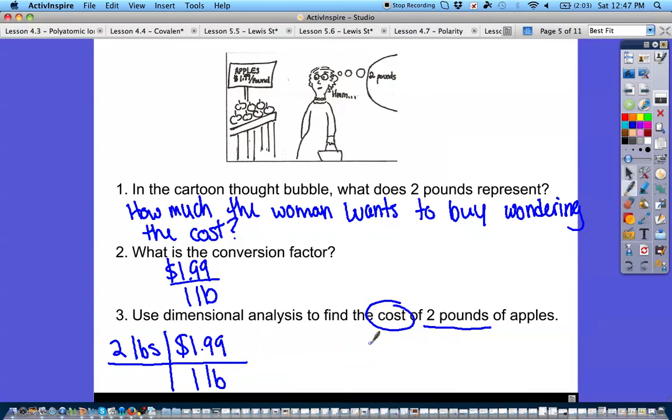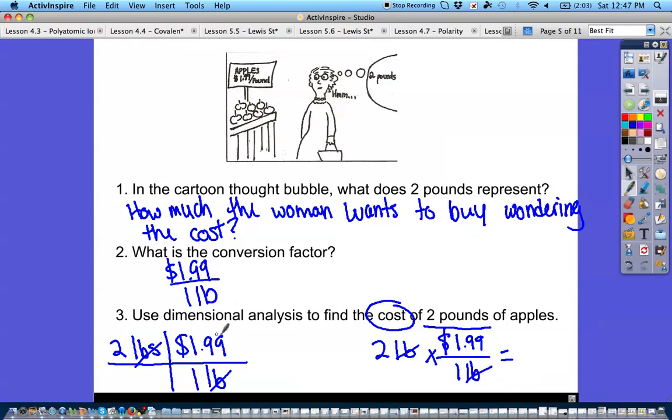So I just want to show you that you can write this in 2 different ways, and it is going to give you the exact same thing. I prefer the train tracks method. If you would like to draw them as fractions, that is perfectly fine. So our pounds are going to cancel.